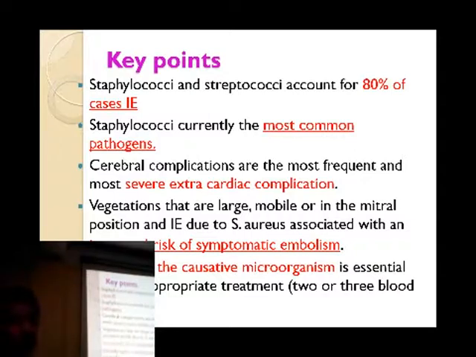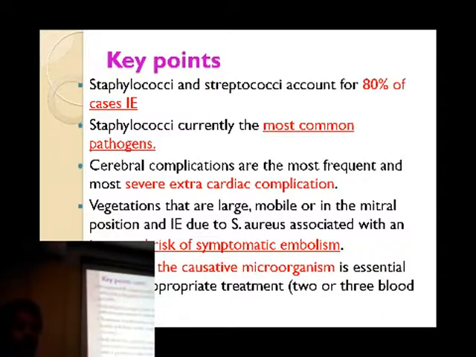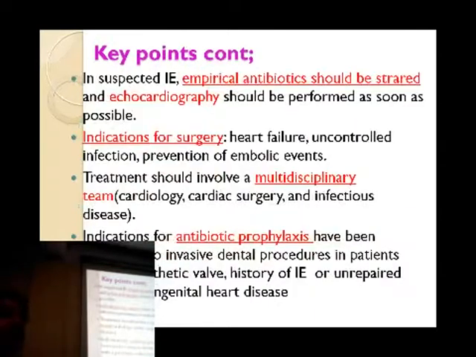Identifying the causative microorganism with microbiological cultures and other methods is very important, by doing at least 2 or 3 blood cultures. Empirical antibiotics should be started with immediate suspicion, and echocardiography should follow to confirm the diagnosis.